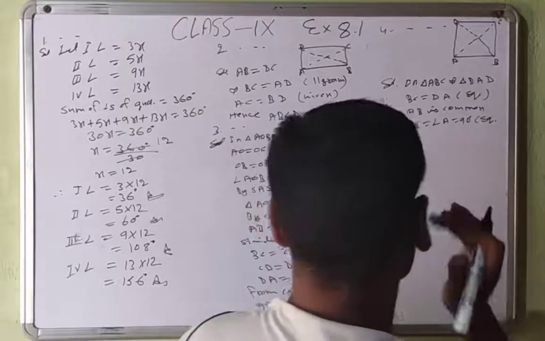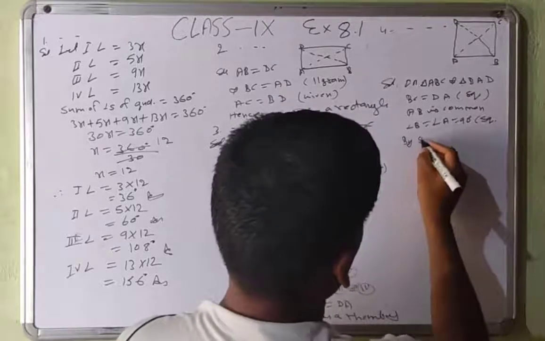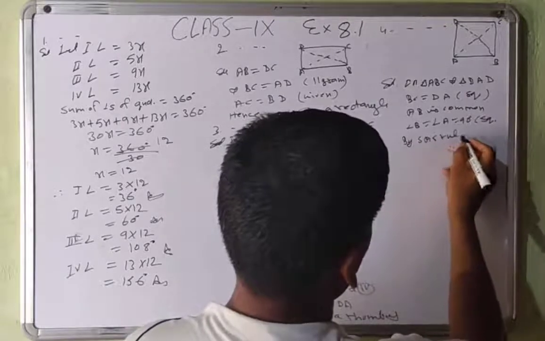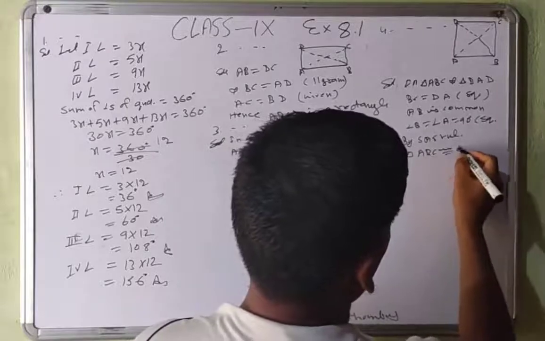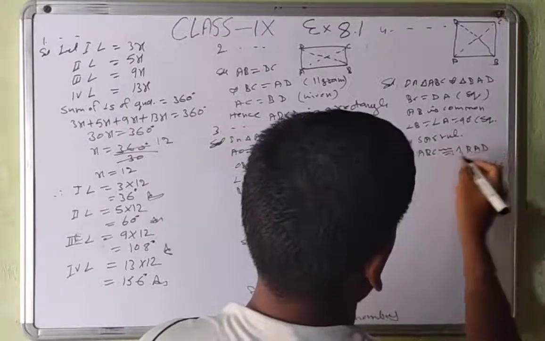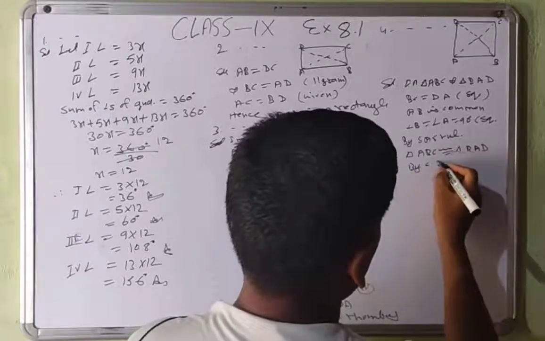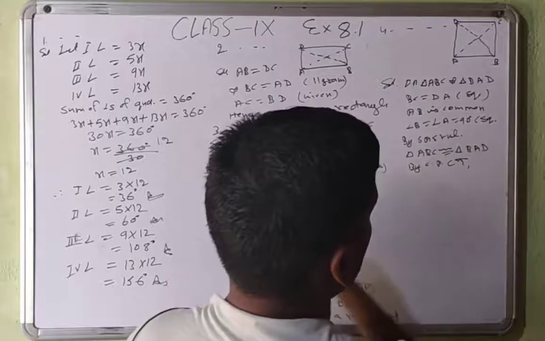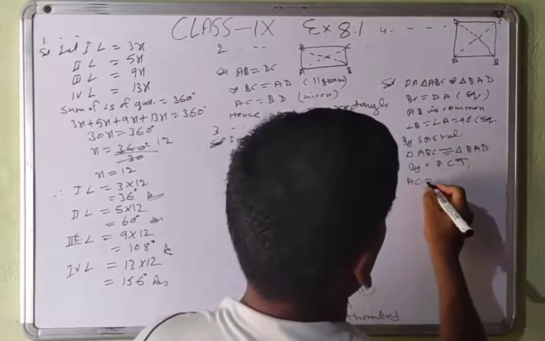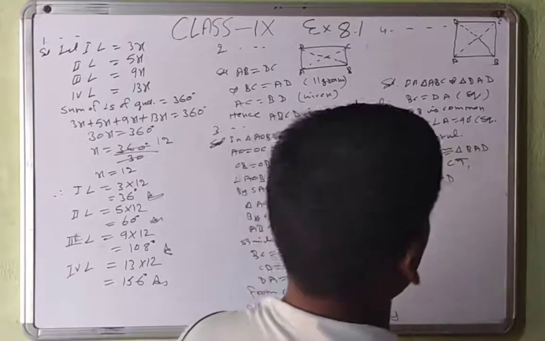So by SAS rule, triangle ABC is congruent to triangle BAD. So by CPCT, AC is equal to BD. First thing we have proved.